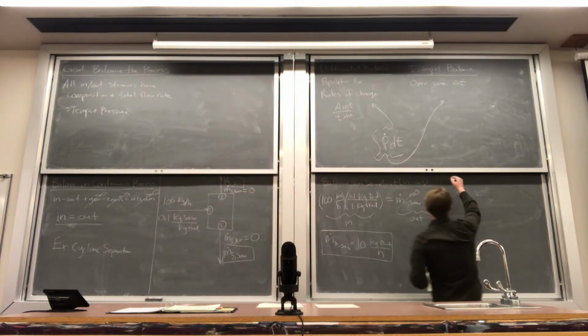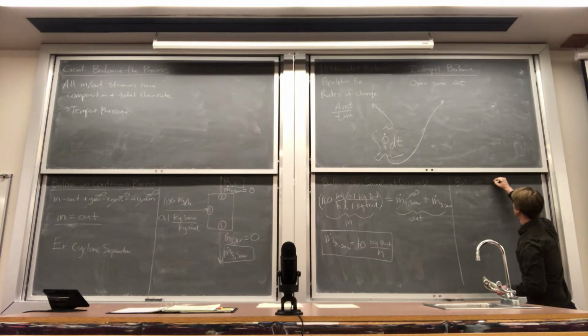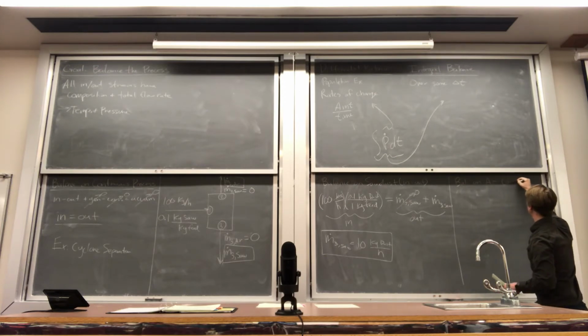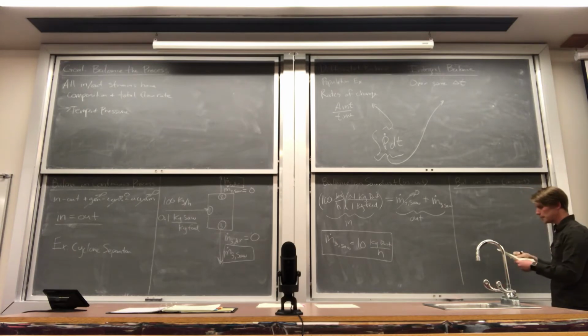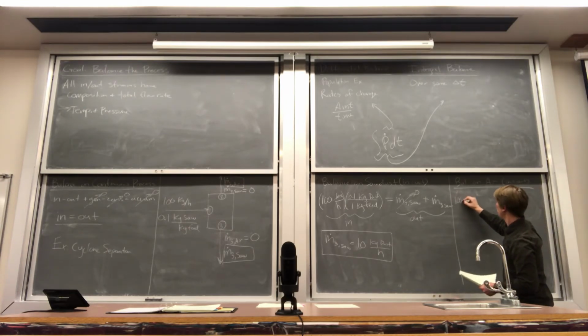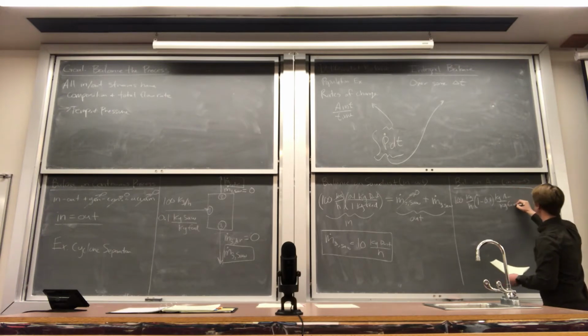Okay, let's apply the same thing but for air. Balance on air. Again, this is in equals out. So the equation I would write was 100 kilograms per hour being fed to the system times 1 minus 0.1 kilograms of air per kilogram of feed.